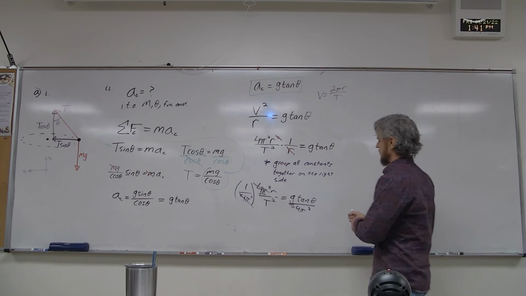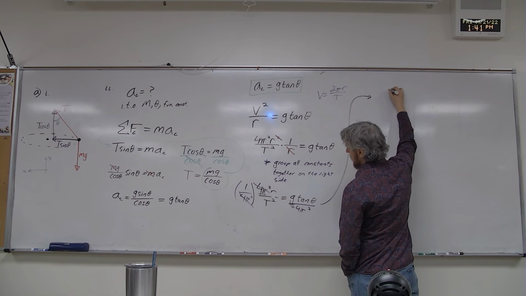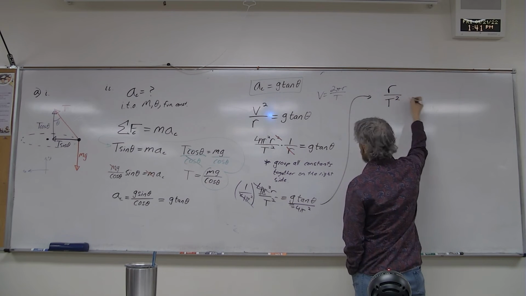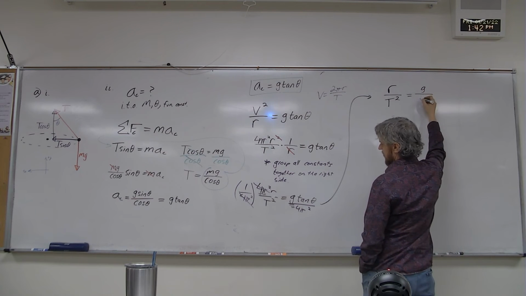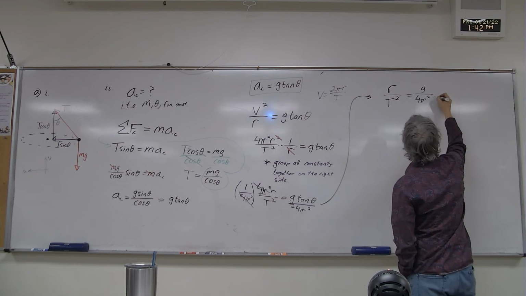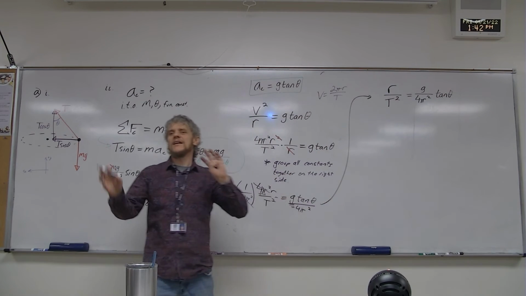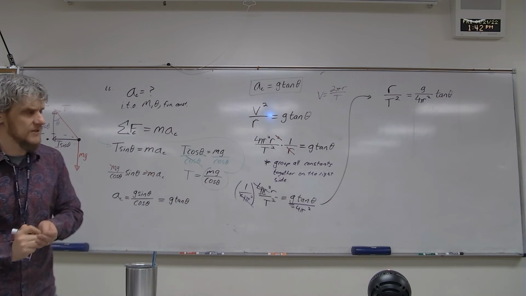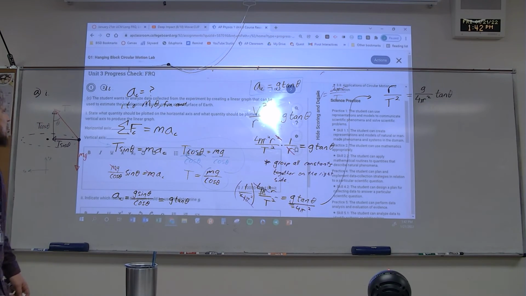When I do that, I end up with, and we're getting to the main point here, r over the period squared equals, I'm going to write it this way for a reason, g over 4 pi squared times the tangent of theta. Now remember theta we can find, I'm not going to go over it right now because the question says, state what quantity should be plotted on the horizontal axis and what quantity should be plotted on the vertical axis to produce a linear graph.